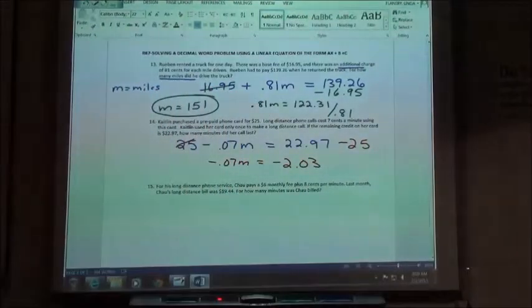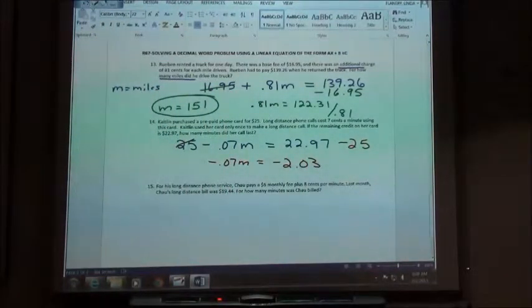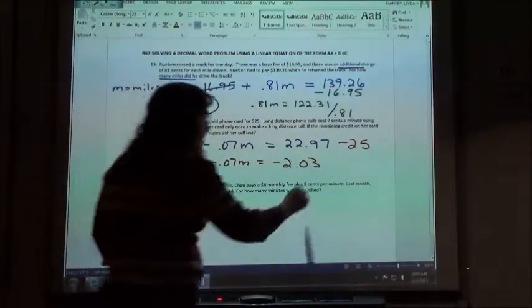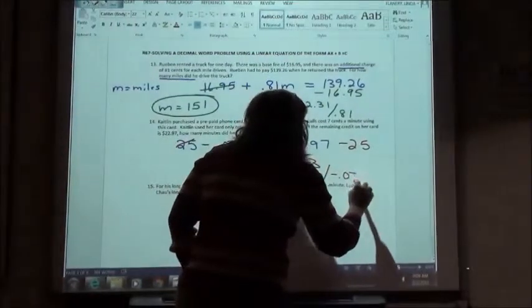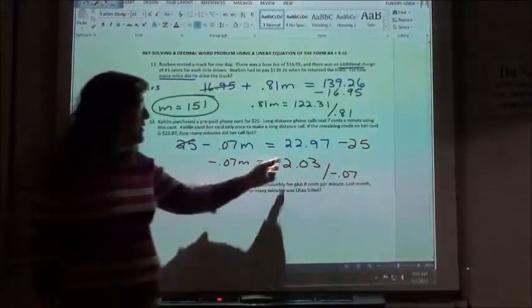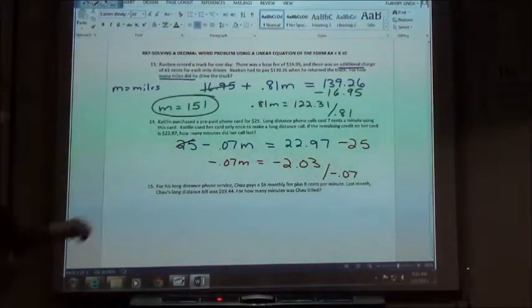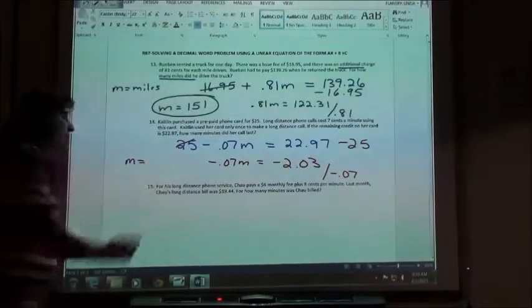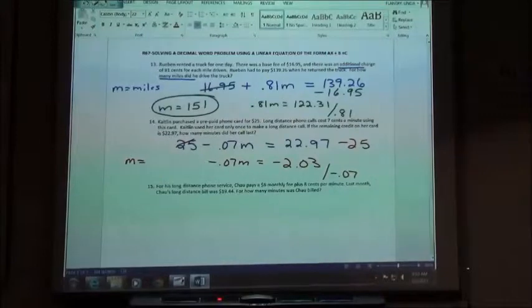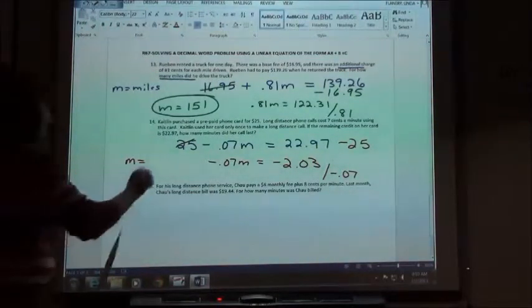And then if I want to solve that for M, I'm going to divide by my negative 0.07. And since I have a negative divided by a negative, I'm going to end up with a positive answer, which we know it has to be. How many minutes did she talk on the phone? 29 minutes.